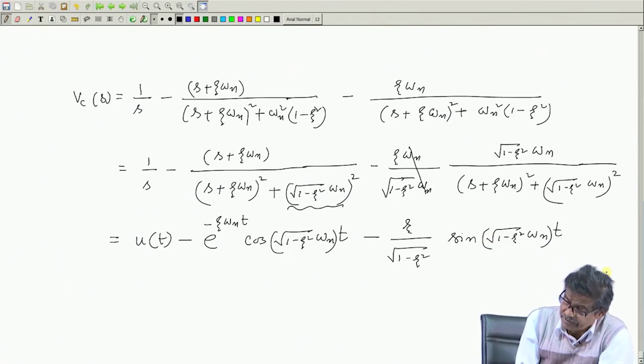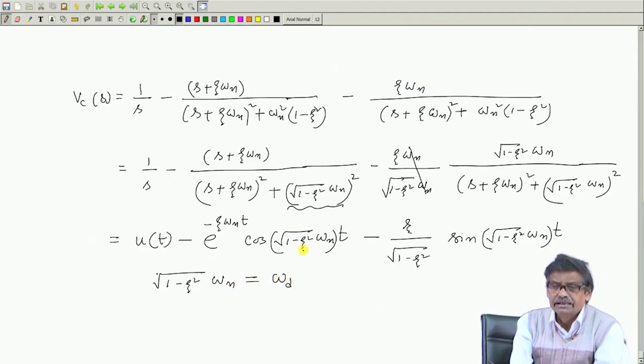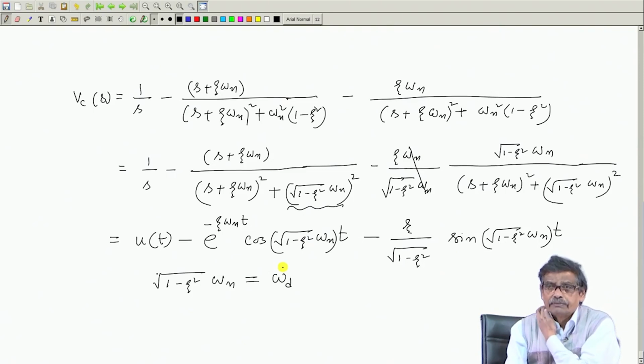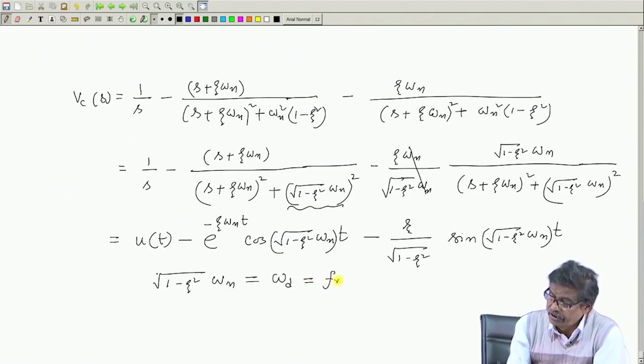What happens? People say that let this one, root over 1 minus zeta square into omega n, be called the damped frequency. Mind you, zeta is a dimensionless quantity. Okay? So, omega d is called the frequency of damped oscillation.